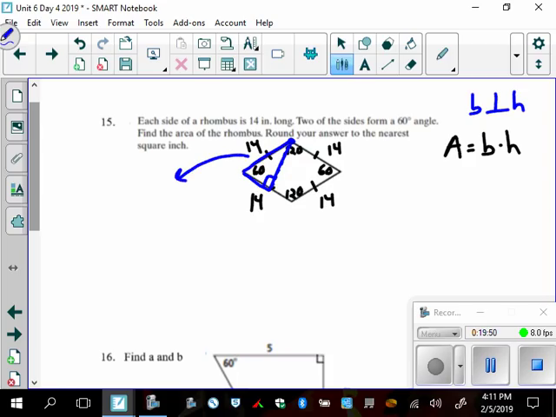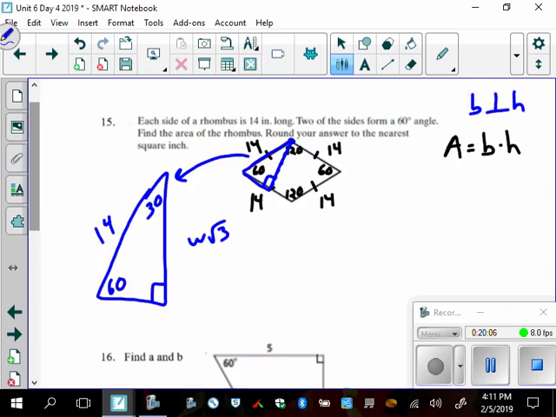And if I pulled that right triangle off, this is what I know so far. Okay, so now I know this has to be 30. All right. So if I follow this pattern, across from the 60 would be W radical 3. Across from 30 is W. Across from the 90 is 2W. That tells me W is 7, and this would have to be 7 radical 3.